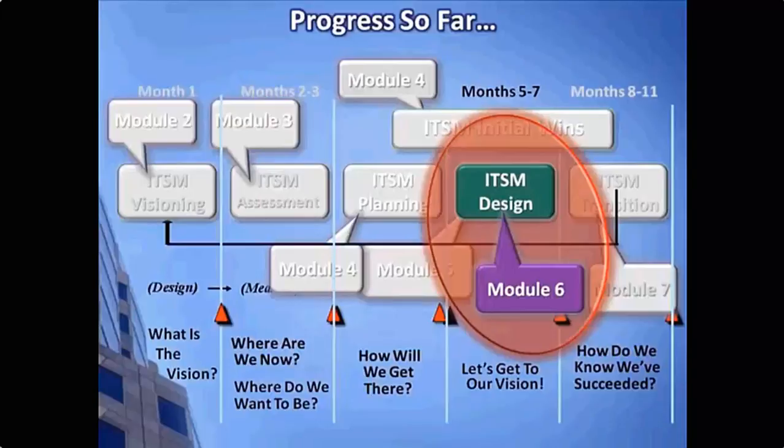We covered some of the basics for the ITSM planning phase, as well as the ITSM initial wins phase as well. In learning module number 5, we then got into the basics for IT service management design and covered a 10-stage approach that you can use to implement an ITIL process.